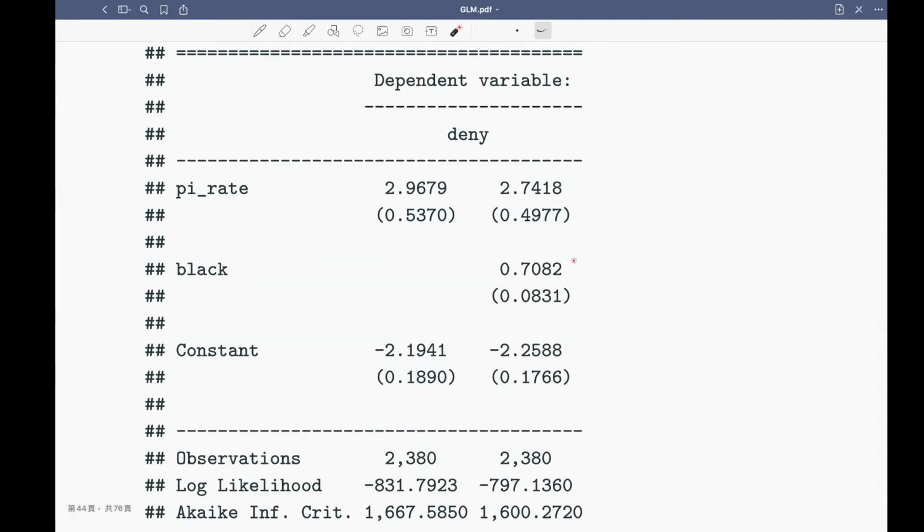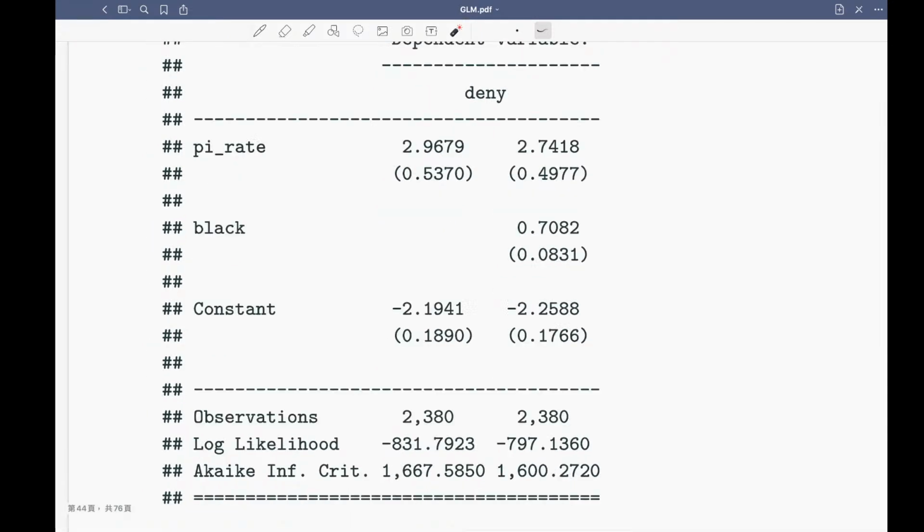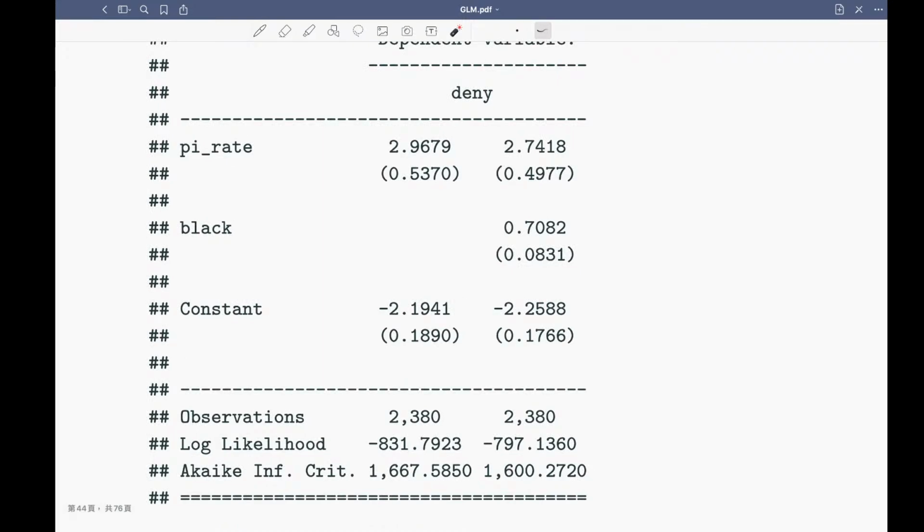Okay, so in the one regressor model, this coefficient is significant, and in the two regressors model, you can find these two regressors are also significant. Okay, so in these two models, how can we choose the model in the end to do our analysis?